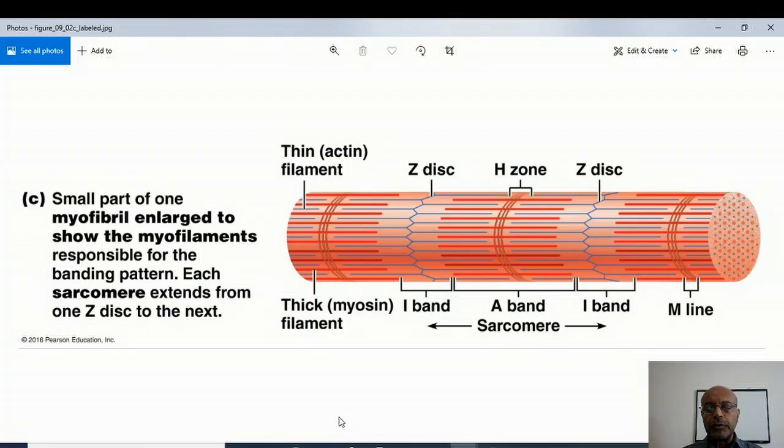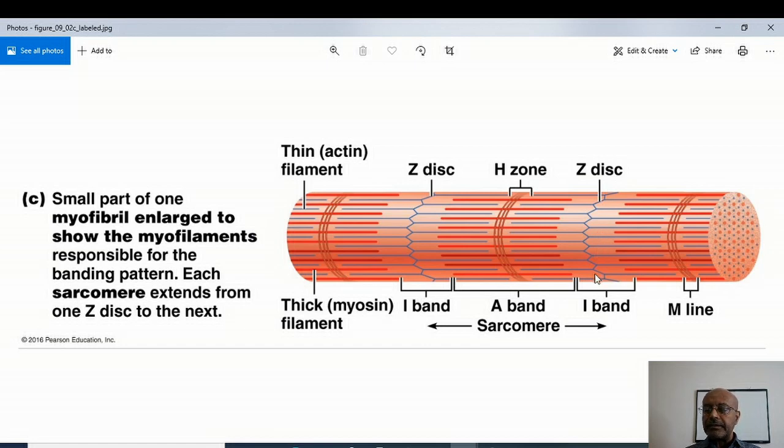On this one, I want you to notice that the part of the sarcomere where you see only the thin filaments, the lighter part, is known as the I band. Notice that, there is a reason why we study this.